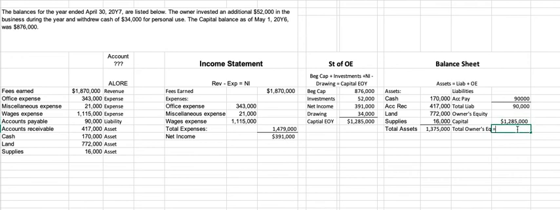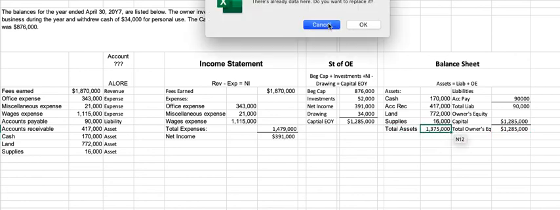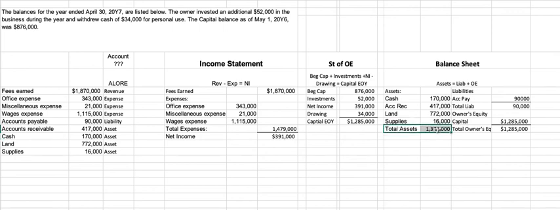And that's going to be the same there. And then I'm going to move this down. Total assets down here. And then on the right side, I'm going to have total liabilities plus owner's equity. And here I'm going to say this plus this.